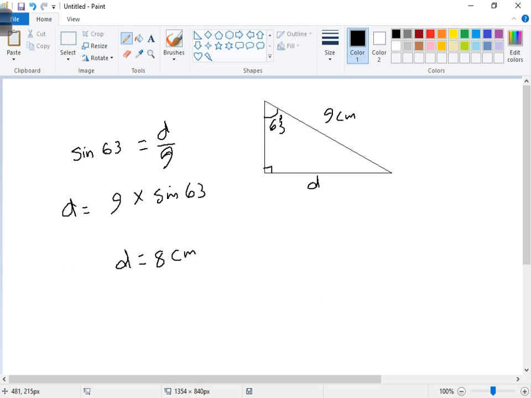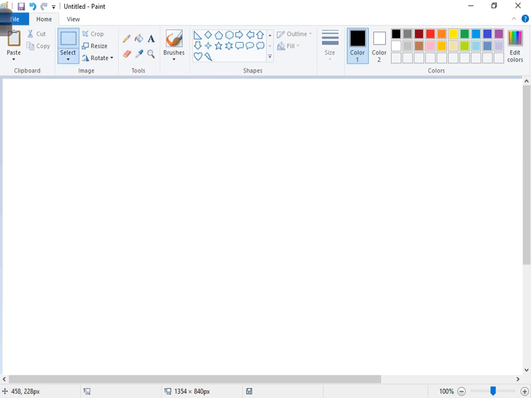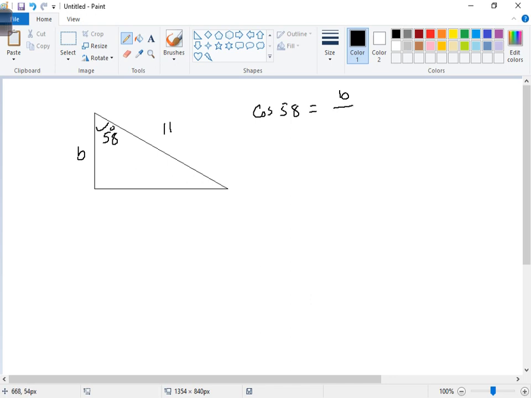Let's have another example. If we have a right angle triangle, and we have this angle, let's call it 58 degrees, and the hypotenuse is 11, and this side is B. If he asks us to find the length of B, we'll say cosine 58 equals B over 11.